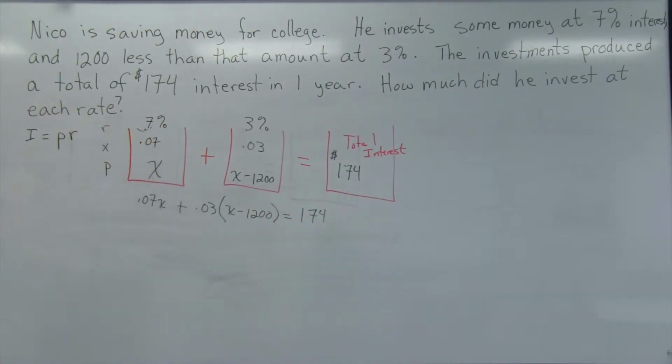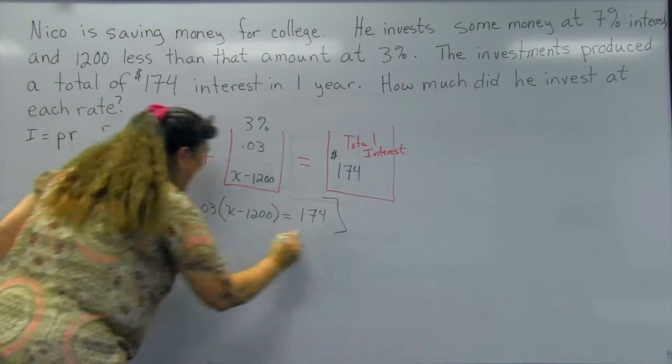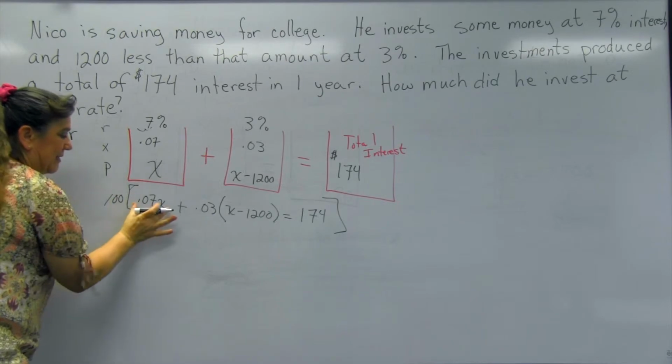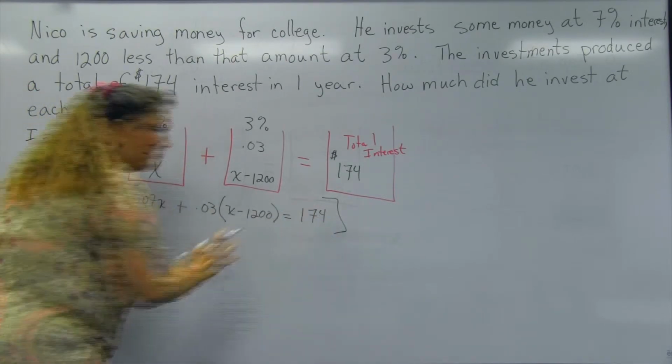But if you're like me, you really don't like working that well with decimals. You would much prefer whole numbers, and there's an easy way to get them, guys. Multiply everything in this equation by 100. So this one is multiplied, this is multiplied, and this is multiplied.